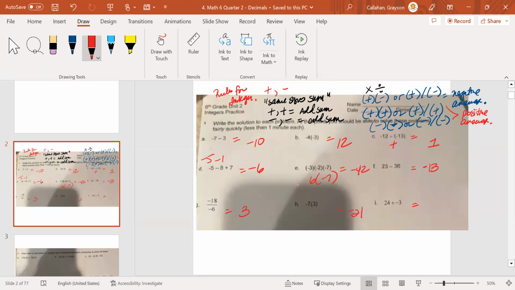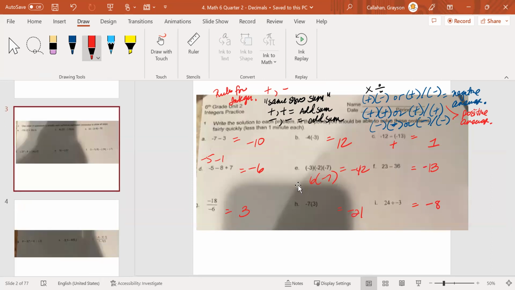D, I got -6. Okay, E, I got -42. Okay, keep going. F, I got -13. G, I got 3. H, I got -21. Okay. And I got -8. Perfect.